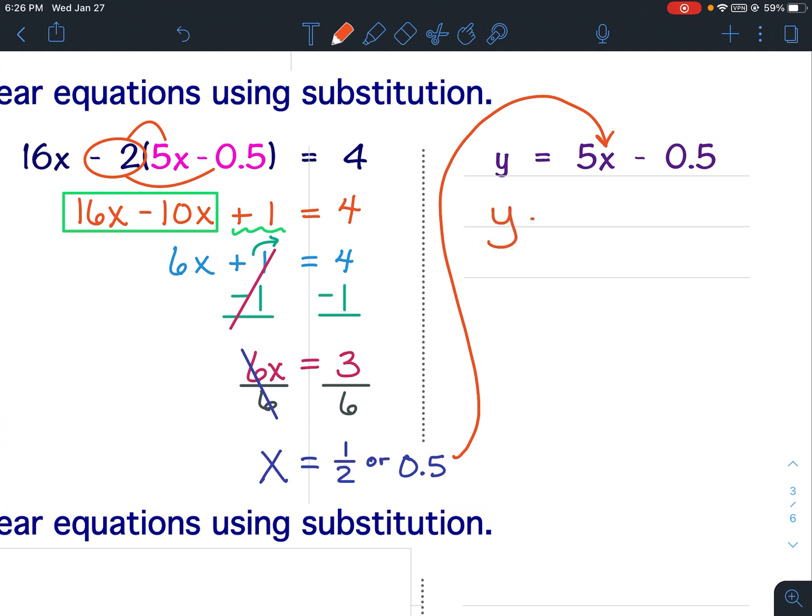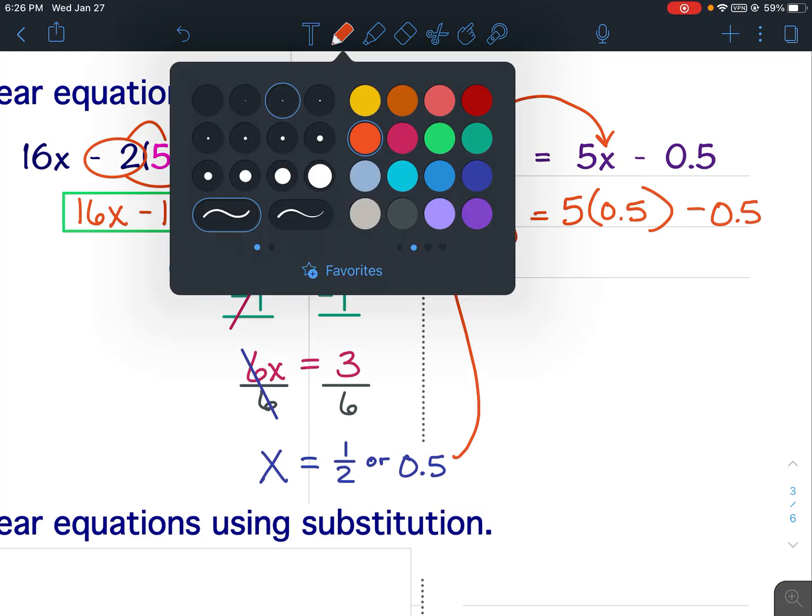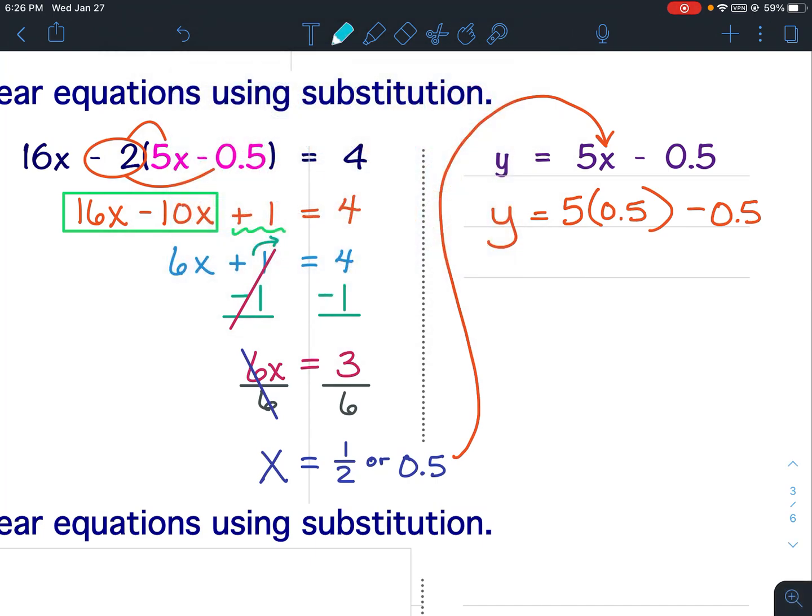So I've got y equals 5 times 0.5 minus 0.5. Again, if you put 1/2 in there, that's fine as well. It doesn't matter.